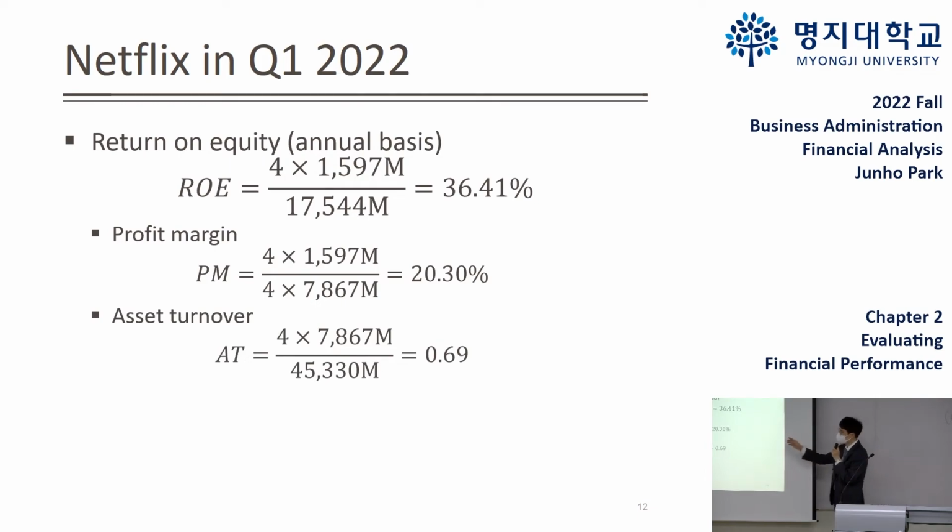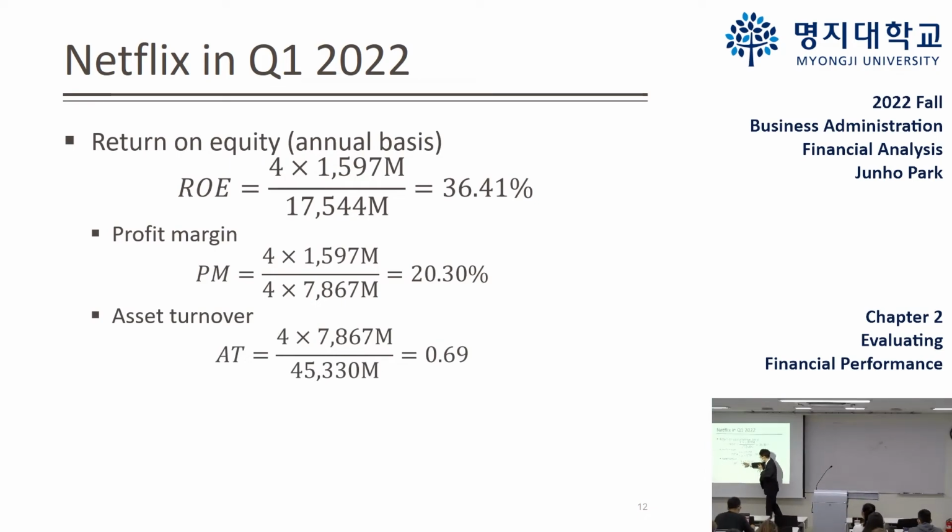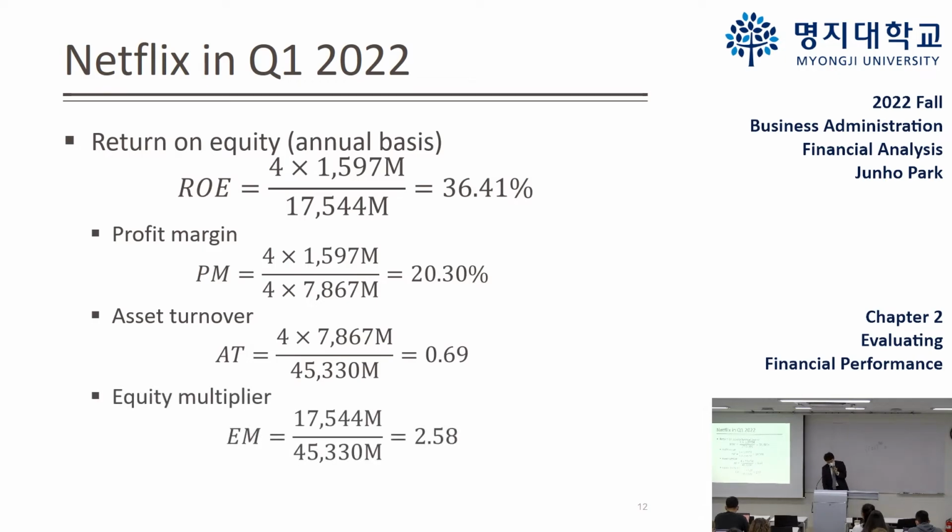And asset turnover, because the numerator is sales, which is from the income statement, we need to multiply by 4. But because the denominator is assets, which is from the balance sheet, we don't have to multiply it. So I get an asset turnover of 0.69. And finally, we have the equity multiplier.